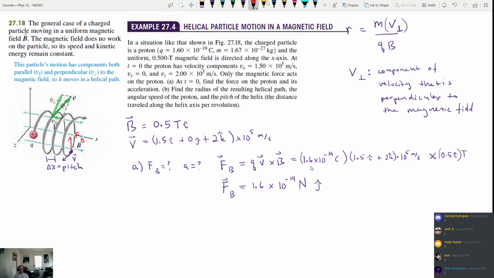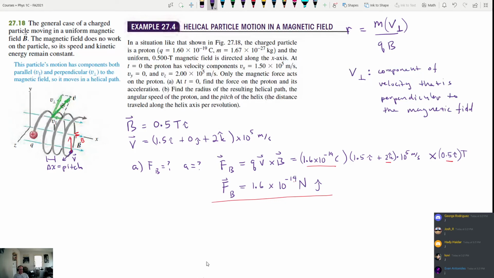And if you do 1.6 times 2 times 0.5, we don't need to do I hat cross I hat, right? Because it's 0. Then we get 1.6 times 2 times a half, which is going to be 1.6. And then 10 to the negative 19 times 10 to the 5 is 10 to the negative 14. So this is 1.6 times 10 to the negative 14. And I'll erase this, and I'll write it as a 1.6.